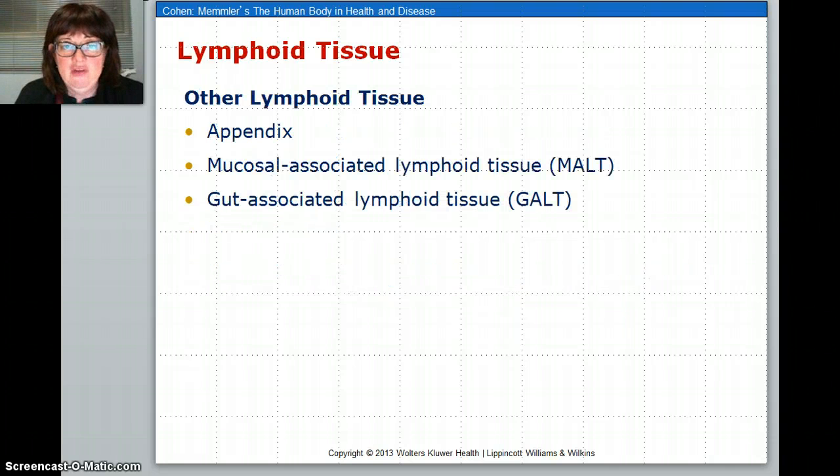You have other lymphatic tissue, the appendix. Then you have something called MALT, mucosal associated and gut associated. The gut associated one is the Peyer's patch. And as I said, the Peyer's patch is located by the large intestine.